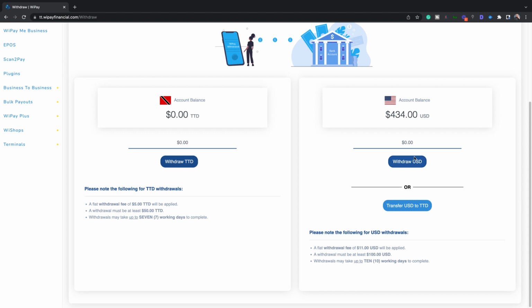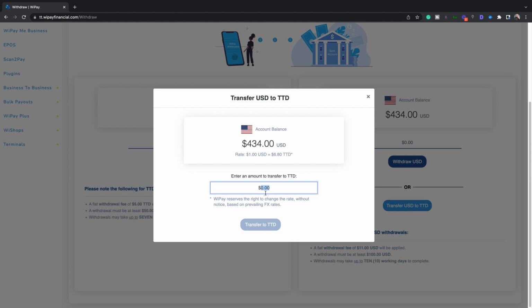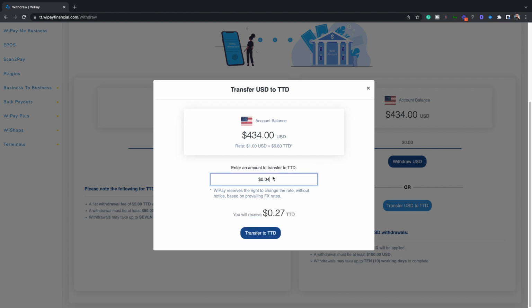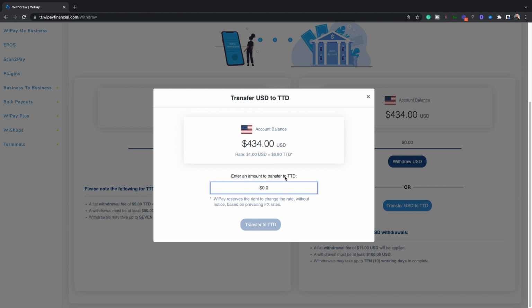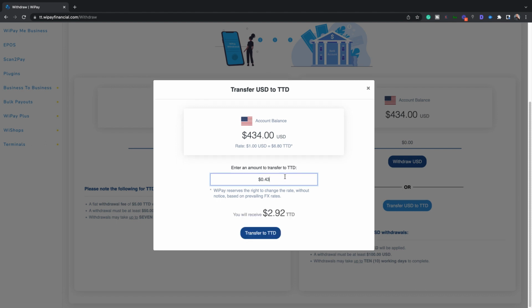So if I click on transfer USD, remember, you have the option. If I want to keep it in US, I can deposit the US, or if I want to transfer the US to my TT side, if I want to take these US dollars and transfer them over here, I can click on transfer USD to TT dollars, and I can specify just how much of that US I want to convert to TT. So if I put 434, this is how much will be converted to Trinidad and Tobago dollars.